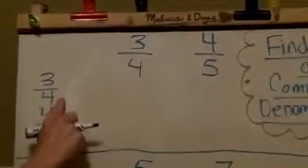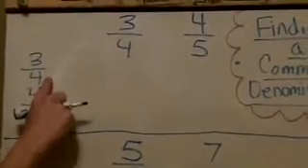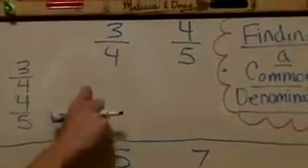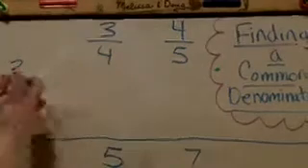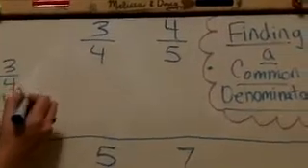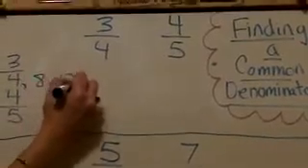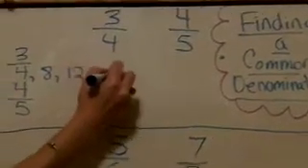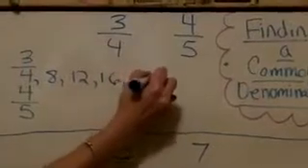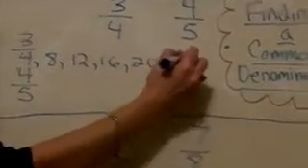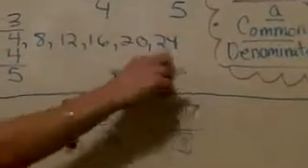Then you'll look at the denominator of the first number and list all the multiples of 4. So if we skip count by 4, we get 4, 8, 12, 16, 20, 24. And that's probably far enough.